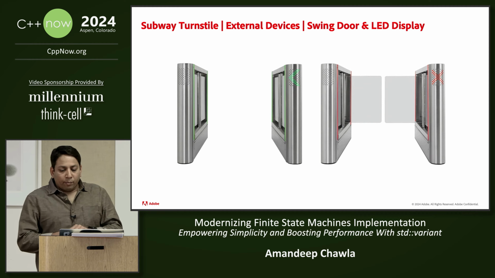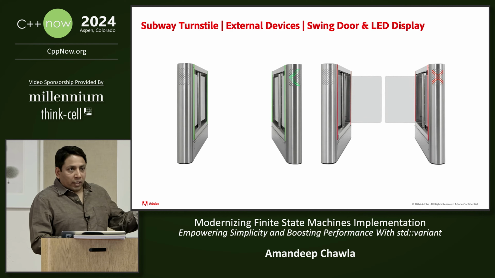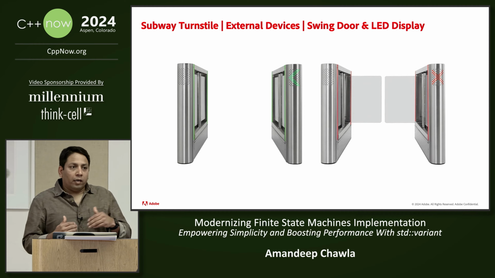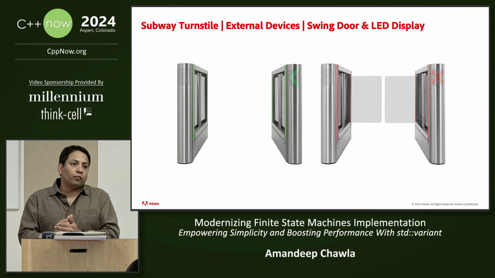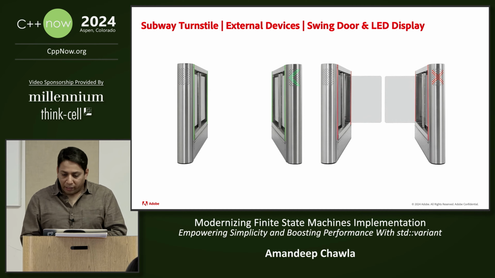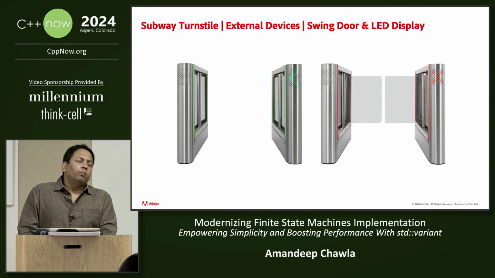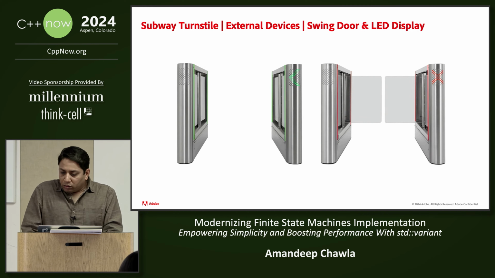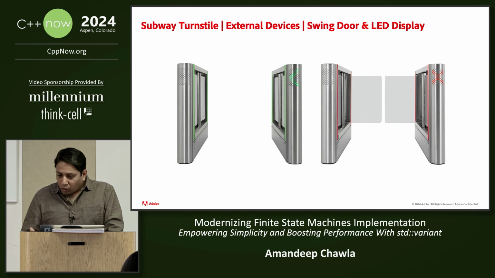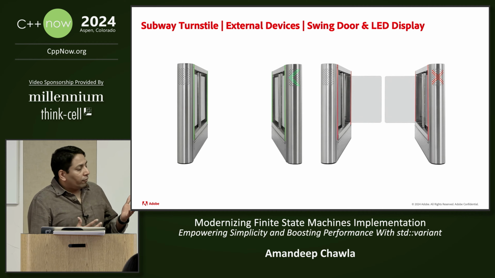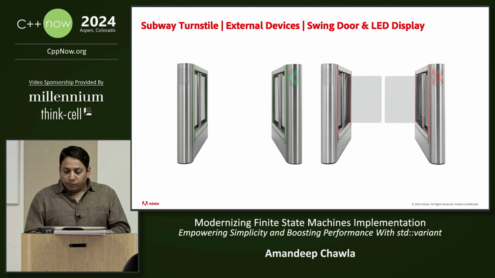So the swing door can be either in an open or closed position as shown here, so that it actually stops the flow of the person, or it can let the person go. The LED display provides visual and possibly audio outputs to users, indicating whether they can pass through.